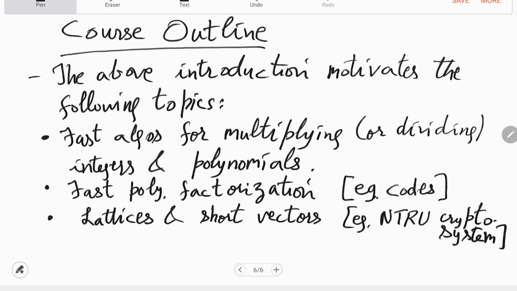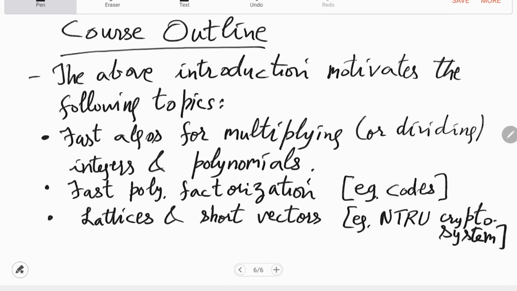And these algorithms are actually also used to do the reverse, which is to break crypto systems. Okay, so if you can find short vectors, then you can also break some crypto systems. Those things I guess also we'll not be able to cover, but this is an important topic.